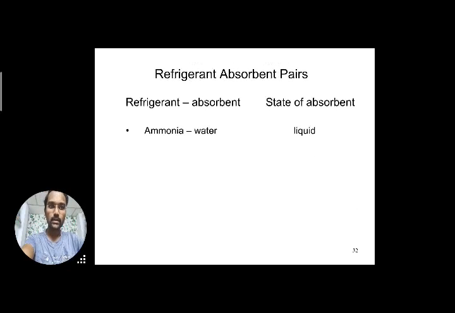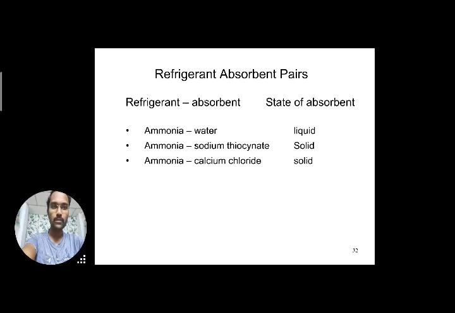Next, you can see these are the refrigerant absorbent pairs. If you see the state of the absorbent, what happens when they are mixed? Here, ammonia and water are both in the liquid form. The state of the absorbent sodium thiocyanate is solid form, so mixing of ammonia and sodium thiocyanate will act like a refrigerant absorbent pair.